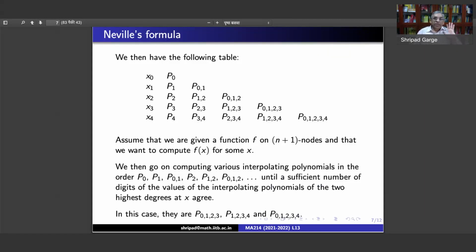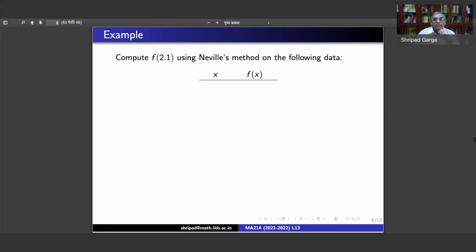Let's take an example. Once we have these formulae for writing all these pm1, m2, mk from the lower degree polynomials, we don't even have to actually compute the polynomials themselves. Let me explain this to you with this example. We are given this data.